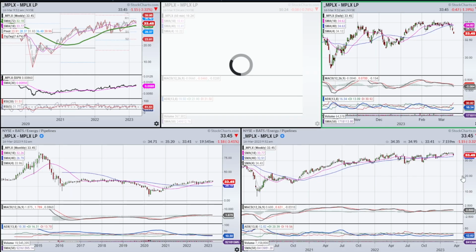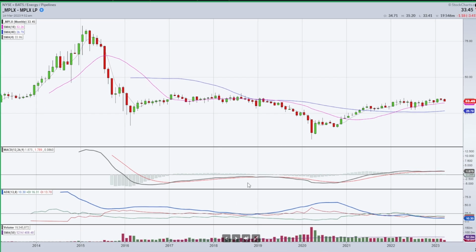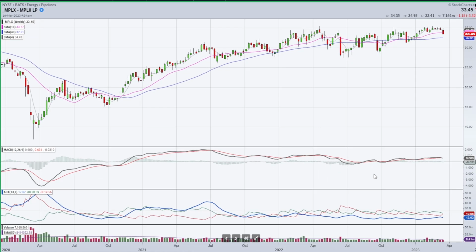MPLX. So I've got a couple of requests that came through in the energy area, and there's definitely some damage being done to energy. Now, not on a bigger picture pattern. You see how the 18-month is still holding here? But if we go through and look at the smaller time frames, even the weekly, we're starting to violate the 18-week line after we weren't able to break out, okay?